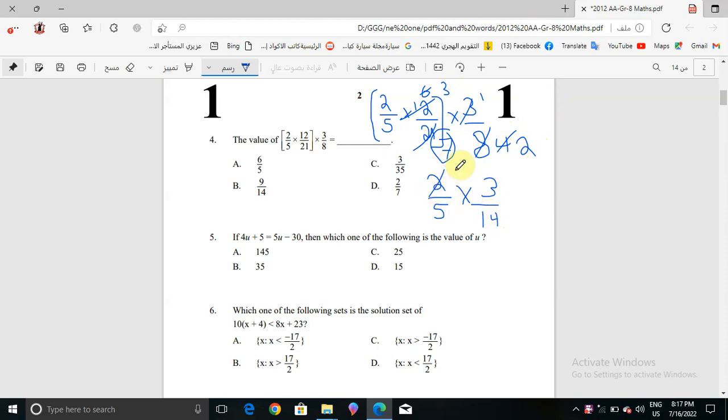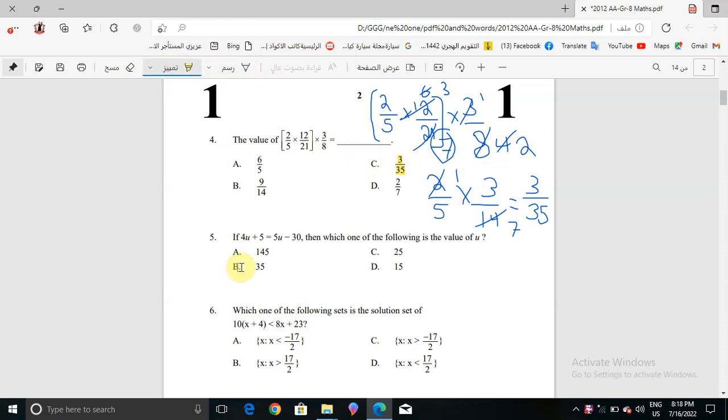Then cancel 2 here by 1 and here by 7. Then what we will get at the end, 3 times 1 is 3 over 5 times 7 is 35. So the correct answer for question number 4 will be choice C, which is 3 over 35.